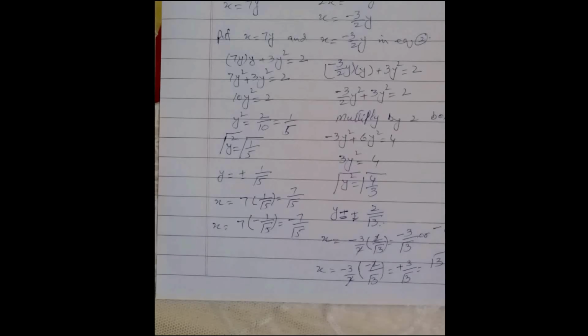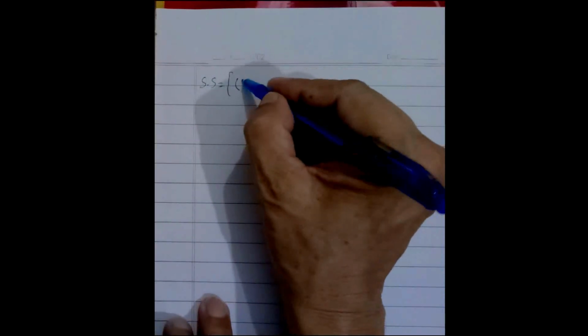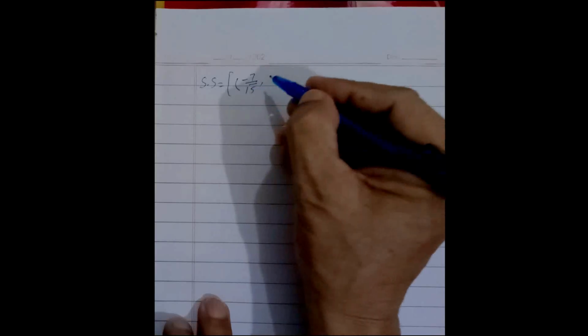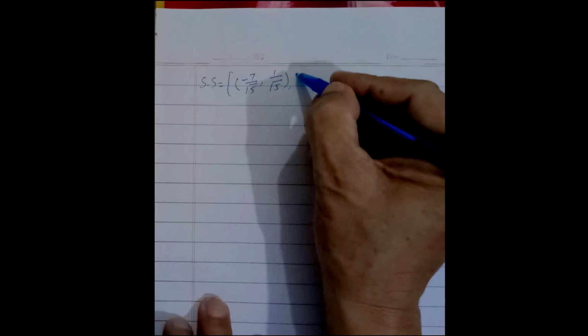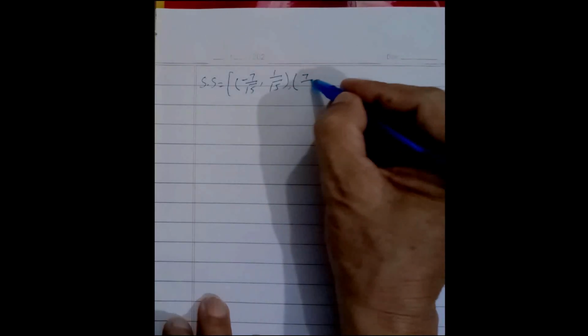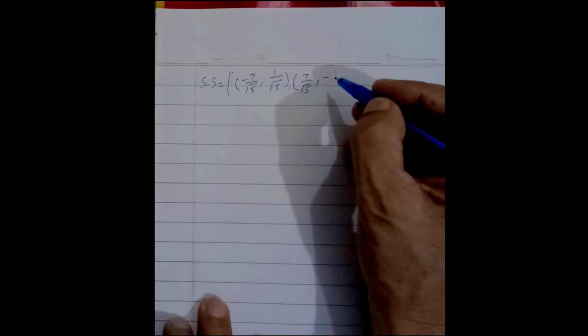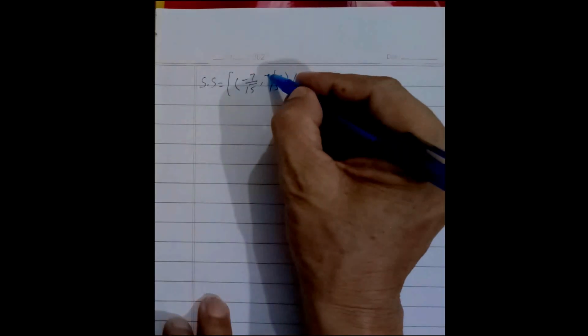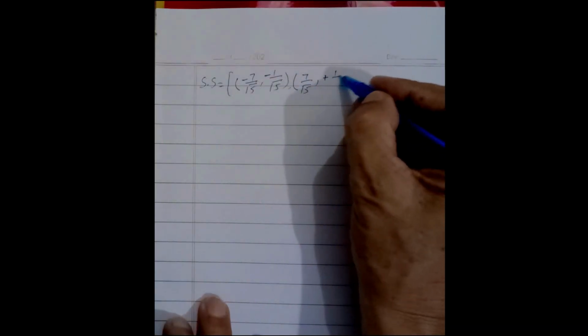So in this way, we get the solutions: x is 7 over under root 5 and y is 1 over under root 5, and the other is x is minus 7 over under root 5 and y is minus 1 over under root 5.